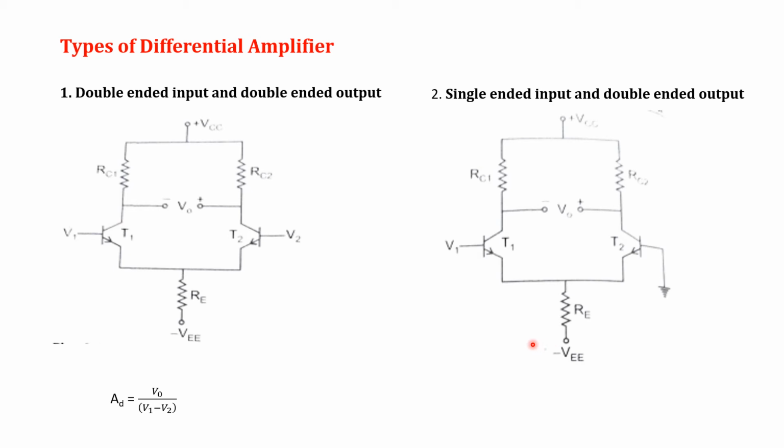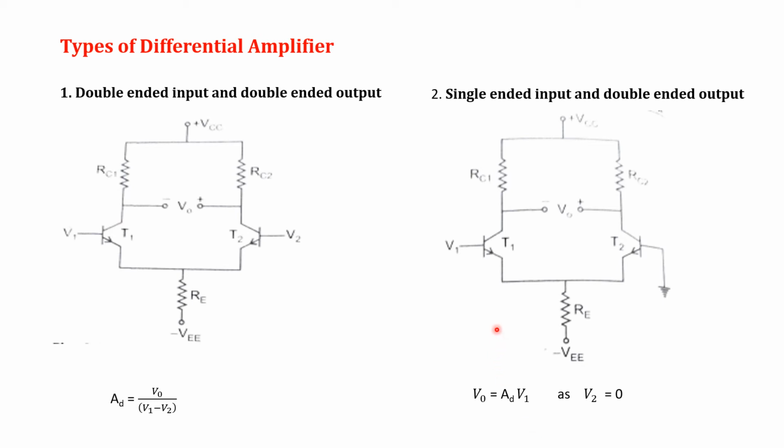Firstly, what is the gain of the differential amplifier? Output divided by input voltage. There is only a single input. Therefore, V0 divided by V1 is the gain of this type of differential amplifier. Therefore, the output voltage V0 is equal to gain multiplied by V1, since one of the input voltages is 0.